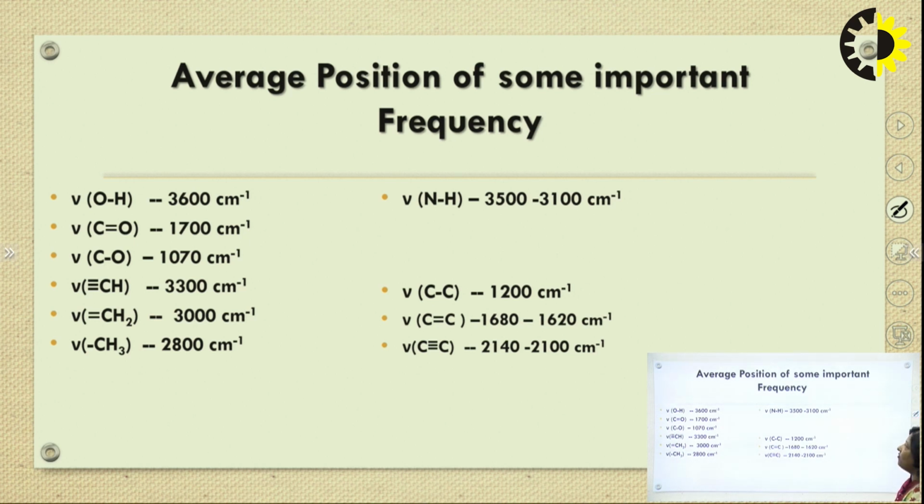So this is the average position of some important frequencies which you have to learn for solving simple reasoning questions of IR spectroscopy for BTech first year students. I am saying that this is the average position. What are the factors on which it depends?